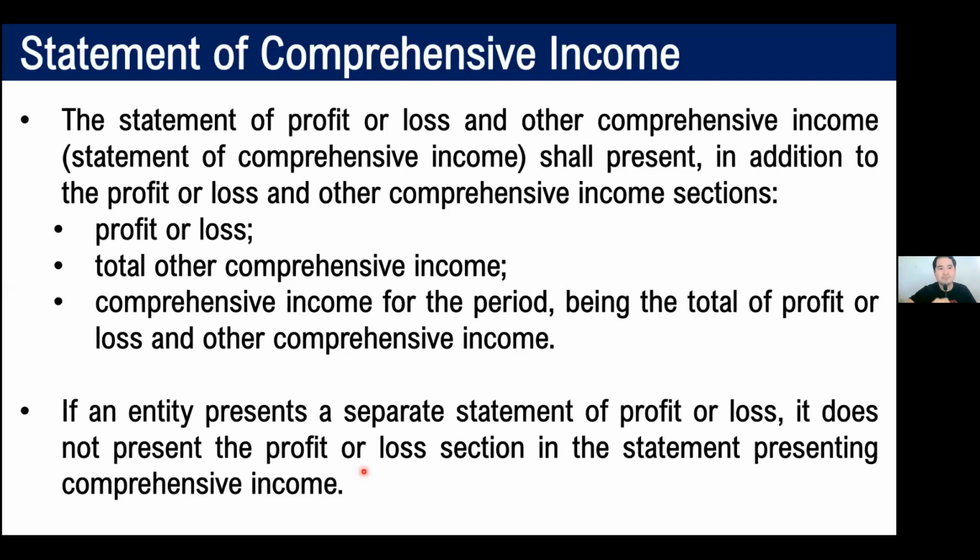Ibig sabihin, dapat, ang starting point niya lang dapat lagi yung net income mo na galing sa PL. Okay? Parang i-adjust mo na lang sa kanya other comprehensive income items. Okay? So nagkakaintindihan po tayo. Presentation-wise, yun po yung mga pwede natin gawin sa statement of comprehensive income.